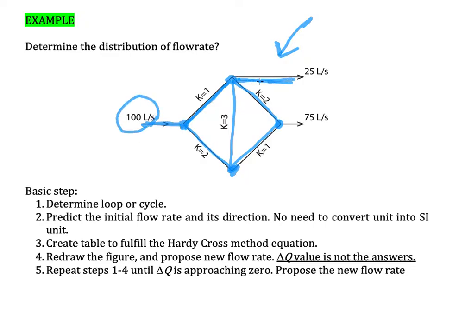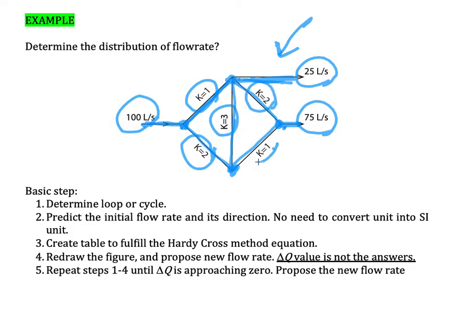We have two outputs: one is 25 liter per second, and the other one is 75 liter per second. The losses for each pipe are given in this diagram. We have K equal to 1, 2, 3, 2, and 1 here.